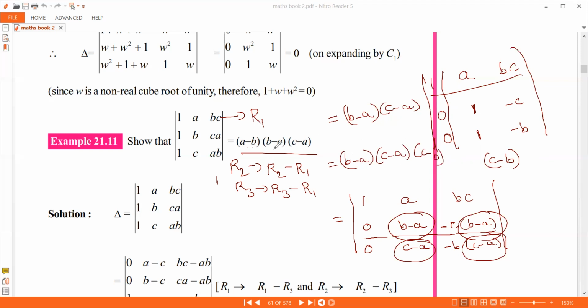(A minus B)(B minus C)(C minus A). You have that, because if you take a negative sign here you will get minus (A minus B), and if you take a negative sign from here, again minus (B minus C), and you have C minus A. So minus into minus is plus, hence the answer.